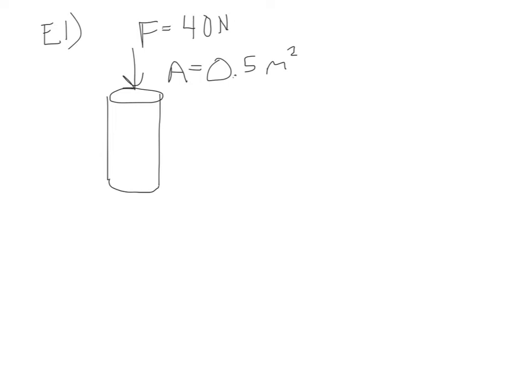All right, on to the exercises. Exercise 1, we have a 40 Newton force pushing down on a piston that has a surface area of 0.5 square meters. And we're asked what pressure this produces inside of the piston. The equation for pressure is force divided by surface area, and we have both of those quantities.